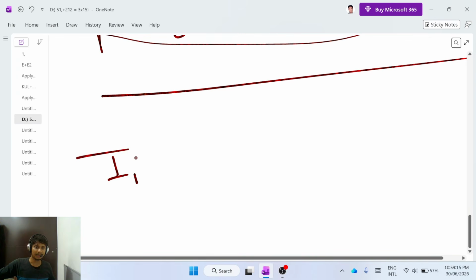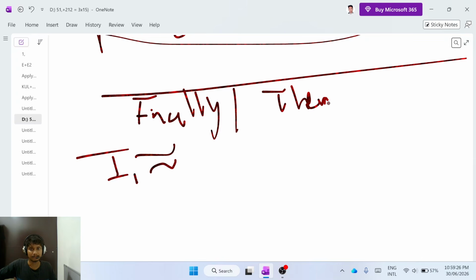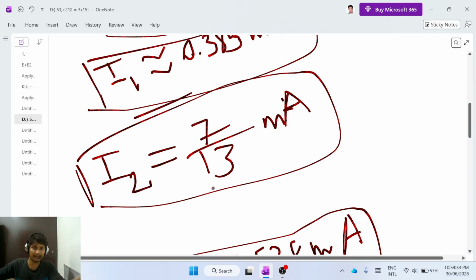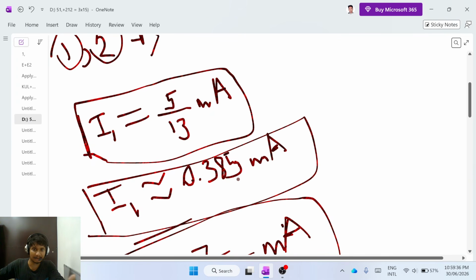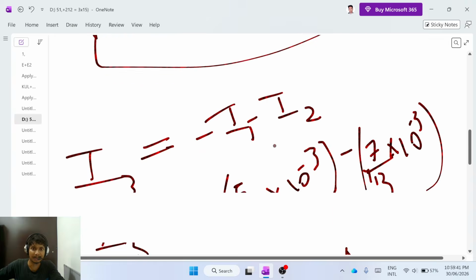Finally, please write this. Therefore, I1 is approximately 0.385 milliampere. I2 is approximately equal to 0.538 milliampere.